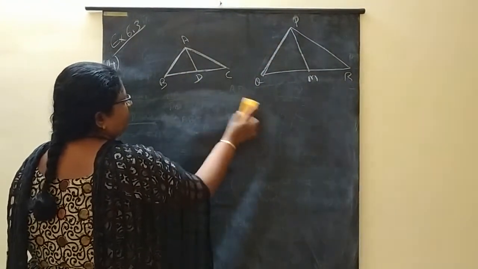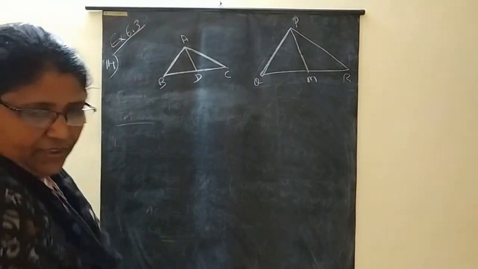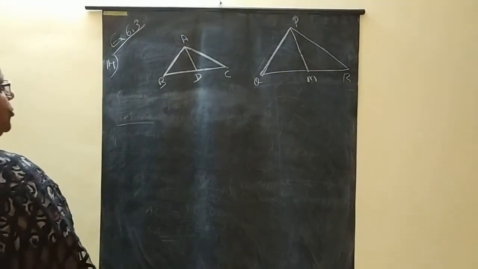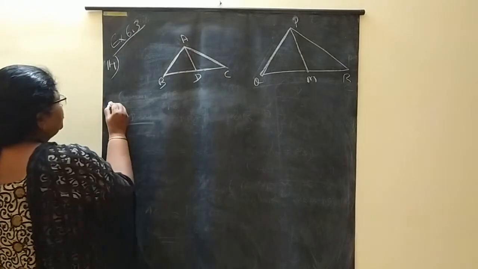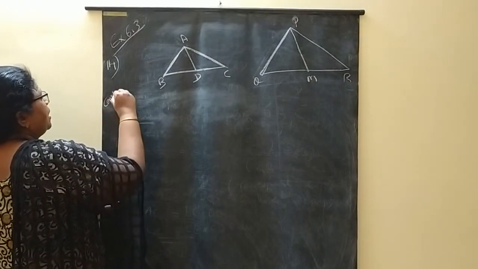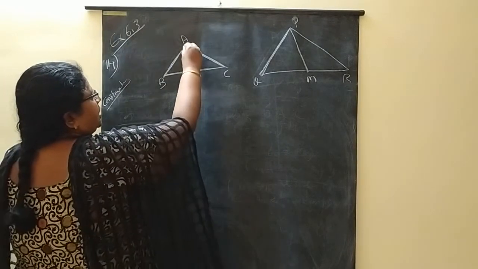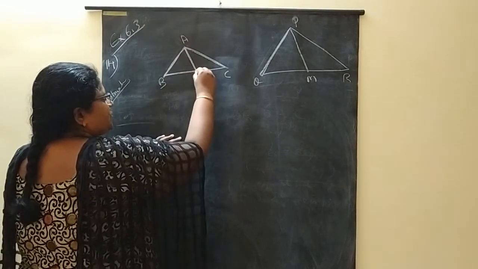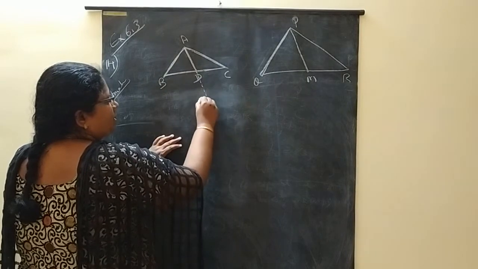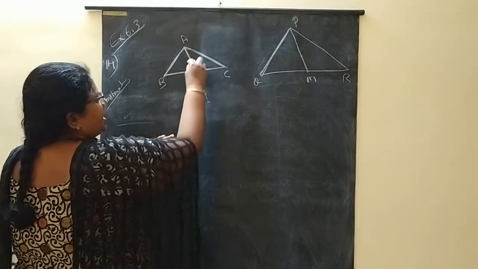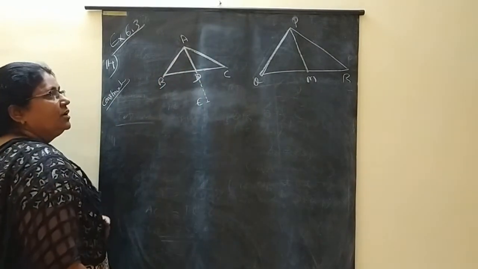Listen properly. For proving that, you have to do one extra construction. What is the construction? Produce the line segment AD to the point E such that AD is equal to DE.